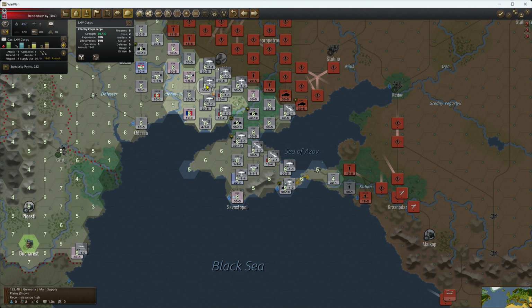So this is a level 2 port, which means it can supply 2 units. About this guy can supply 1 unit. This guy can supply 2.